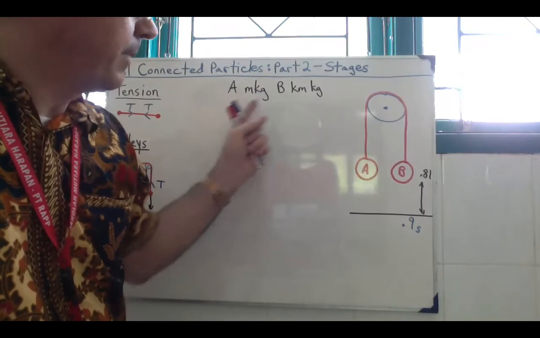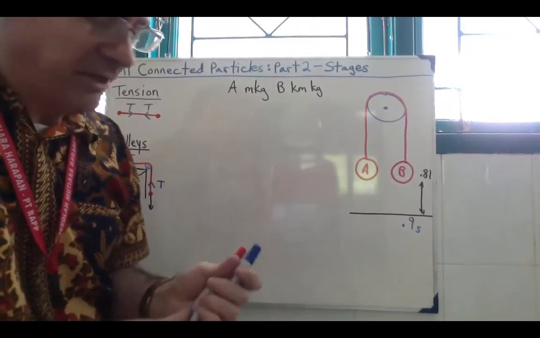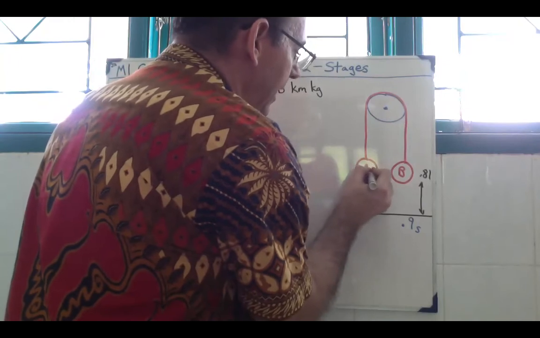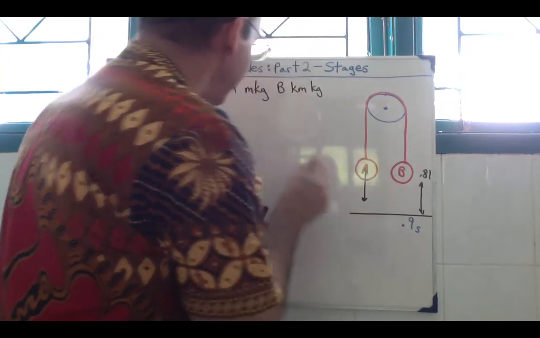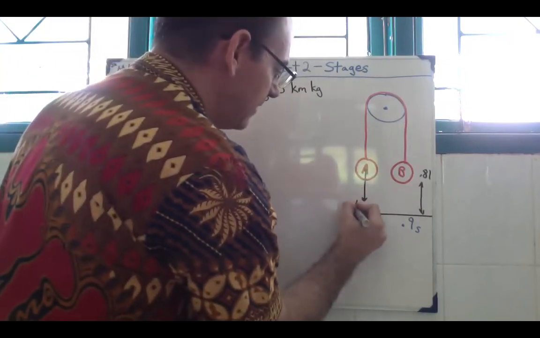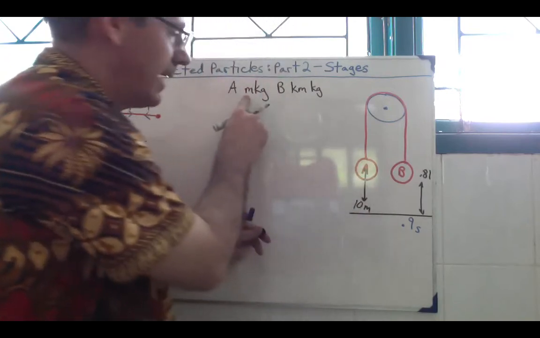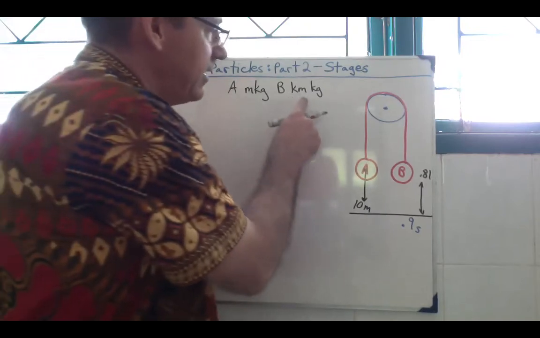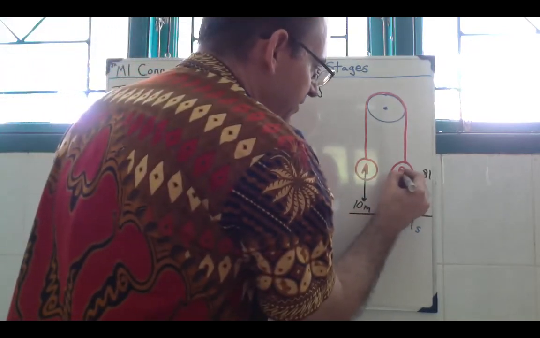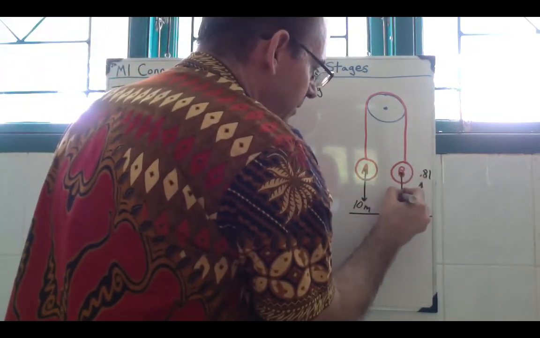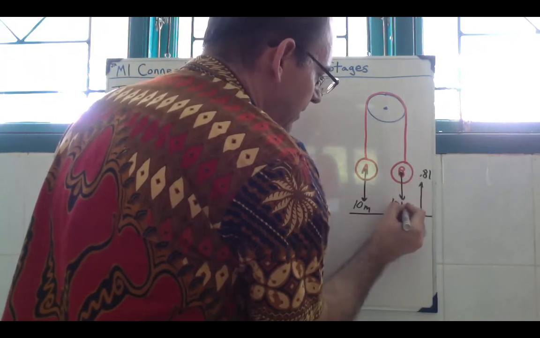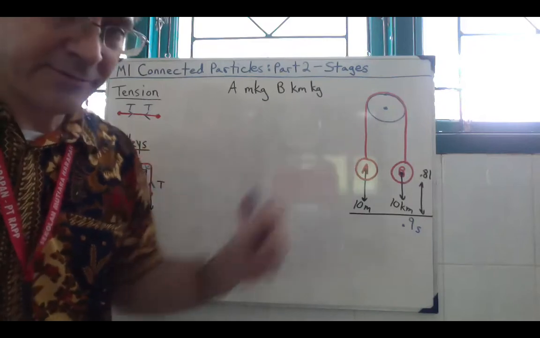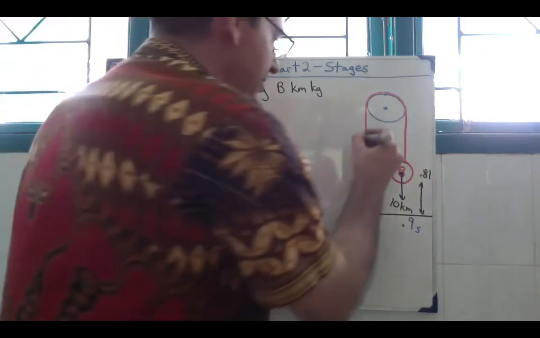Notice here's our mass, so we still need to calculate mass. So A is going to be down here at 10 m, so our mass times 10, and B is km times 10, so that's going to be 10 km for that.